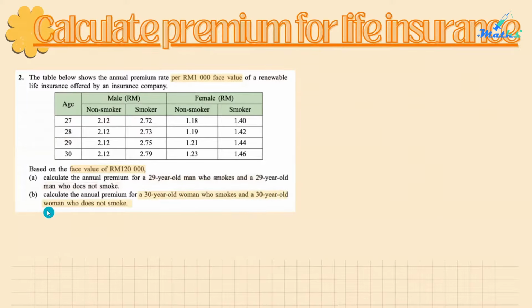Next will be B. Calculate the annual premium for a 30 years old woman who smokes and a 30 years old woman who does not smoke. As usual, we need to find the rate first, which is 1.23 and 1.46.